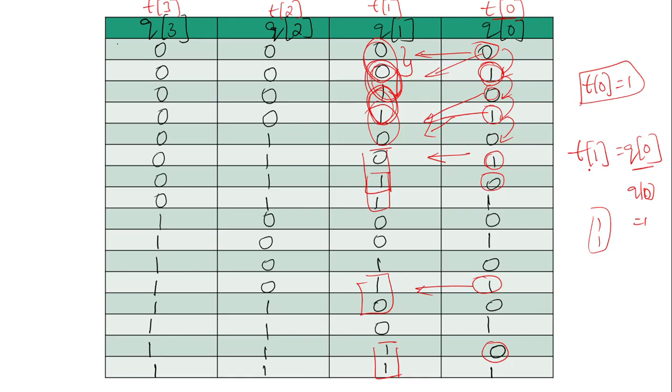So what is the T of 1? T of 1 is nothing but Q of 0. So Q of 0 is AND operated with Q of 1. For this particular T of 2, you are going to give the Q of 0 AND operated with Q of 1. What does it mean? Whenever the Q of 0 and Q of 1 both are 1, then your output is going to toggle. When I say toggle, it means your T value is going to be 1. So whenever your T value is going to be 1, then only the toggle will happen.